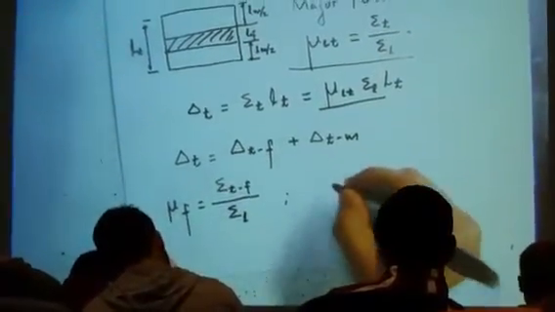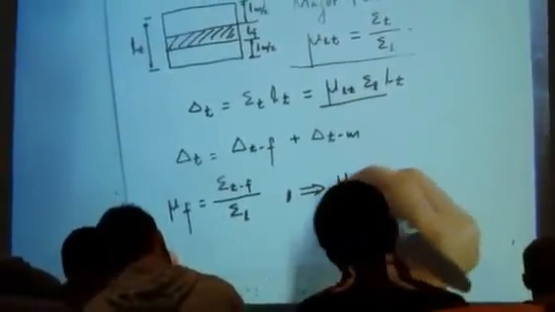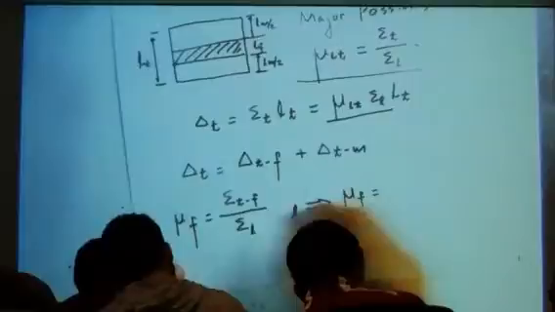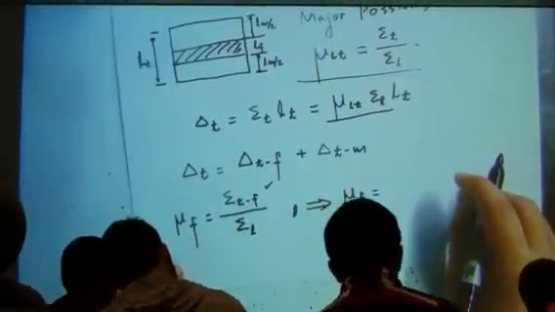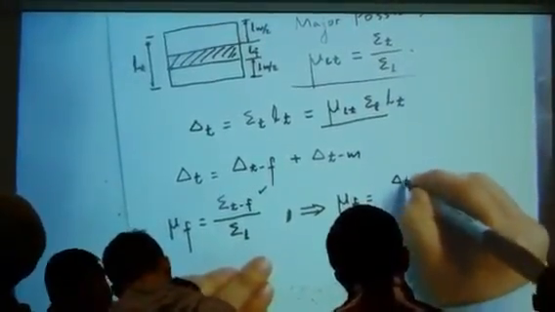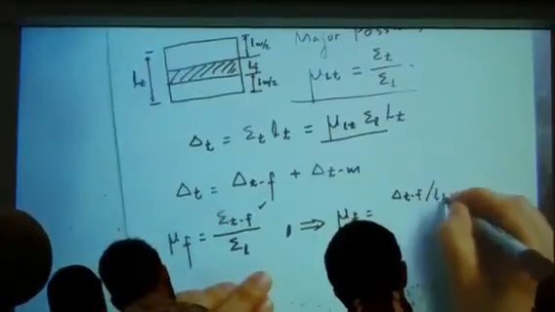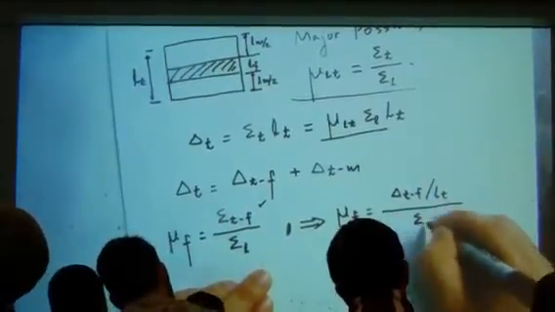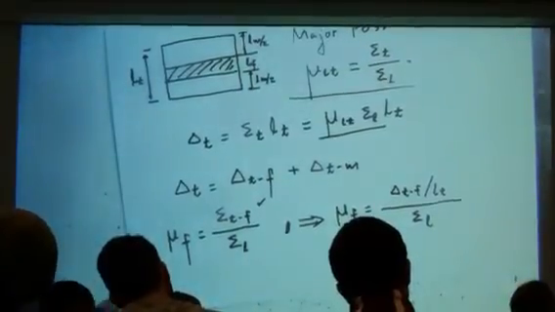And then we can further rewrite this equation. Mu F equal to this one. The strain of the filament along transverse direction is equal to the elongation of transverse direction divided by LT, epsilon L. I just rewrite this term.